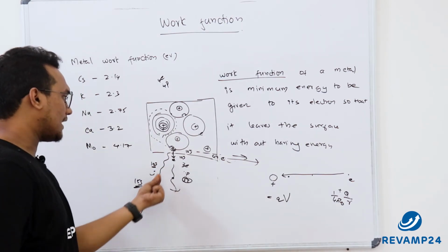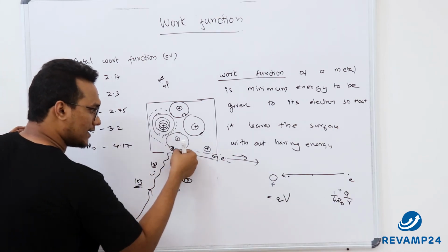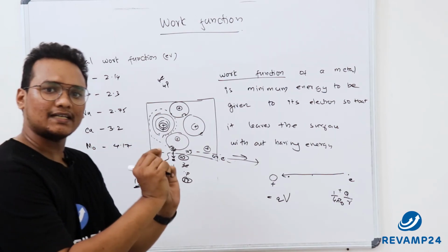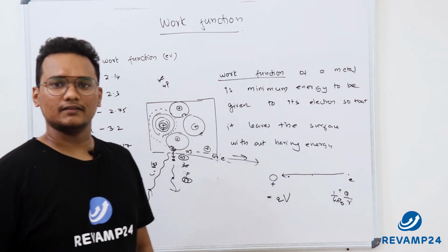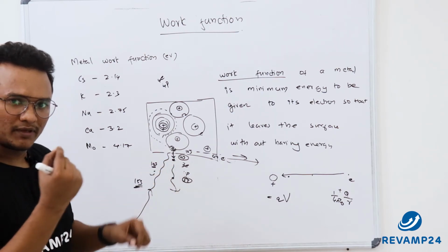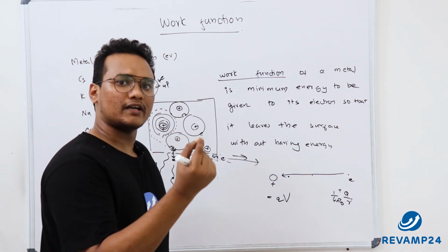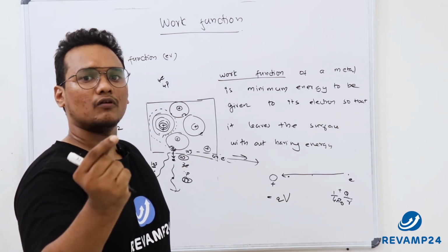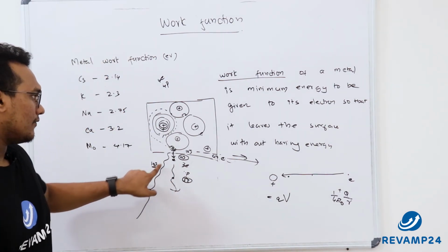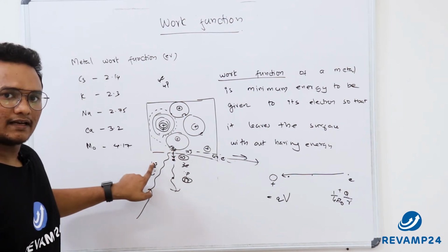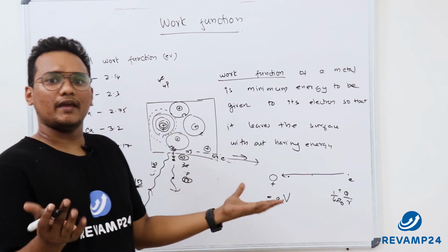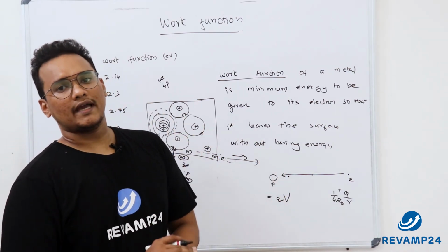But when I am giving 10 joule, the 10 joule will be used, and that electron outside will have zero velocity, because 10 joule is the work function. What is work function? Minimum energy required for an electron to come out of a metallic surface. Out of 10 joule radiation, when it falls on an electron, 10 joule will be used as work function. What is remaining? 0. So it has no kinetic energy.